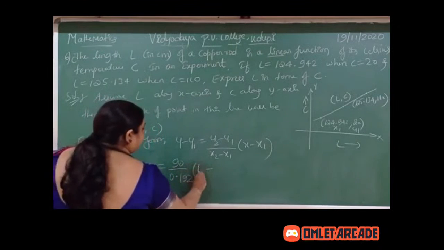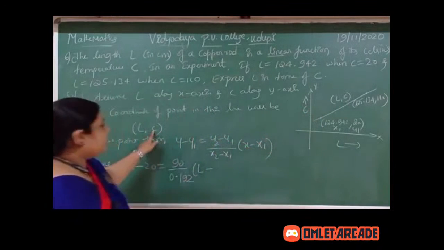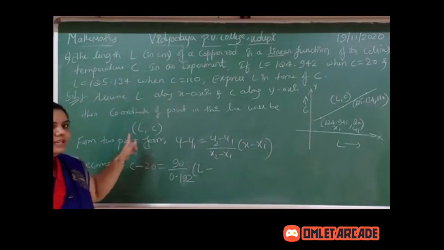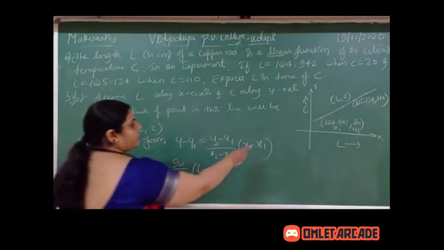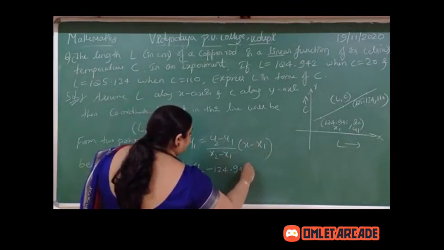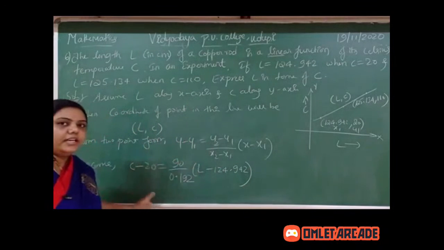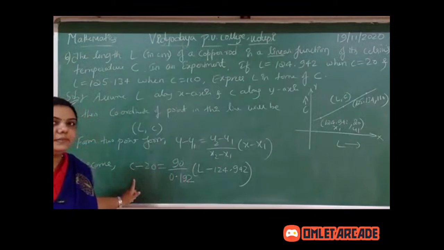In place of x, let me take L, because here the x coordinate is L and the y coordinate is C. And x minus x1 is L minus 124.942. Finally, you have the equation in terms of both L and C.